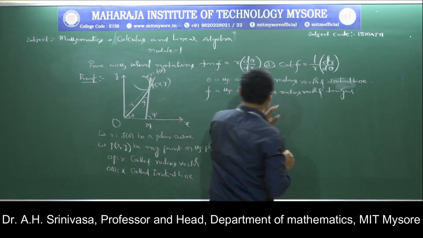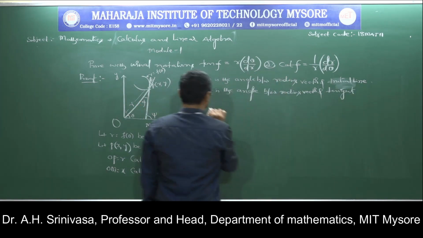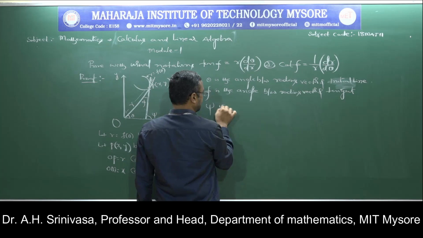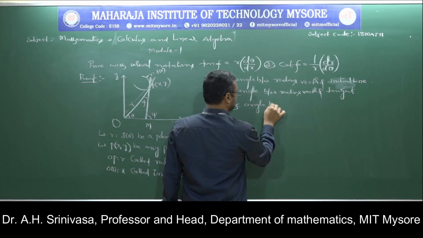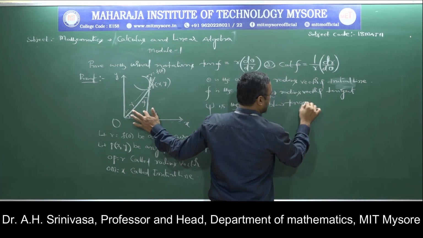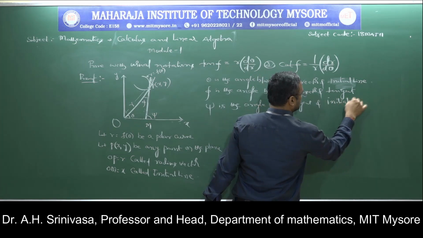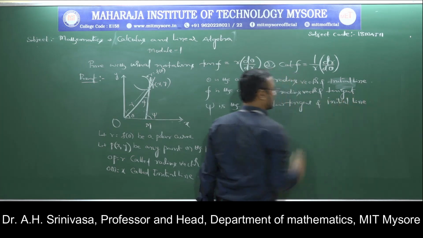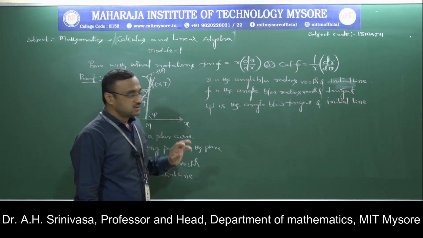Phi is the angle between radius vector and the tangent. Then psi is the angle between tangent and the initial line. Okay. So this is the construction you have to write on that.